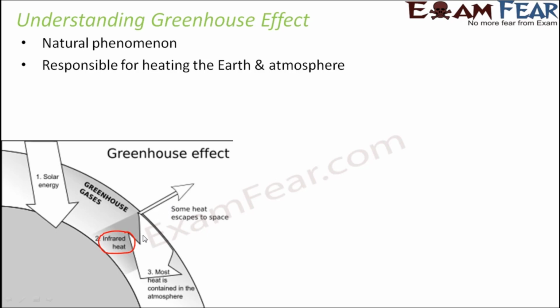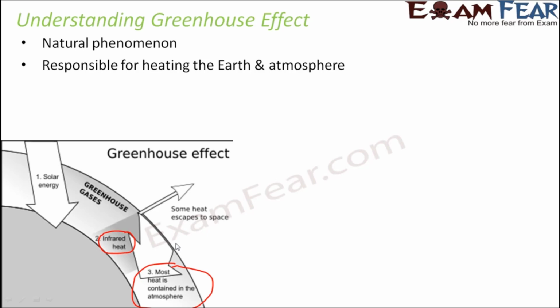Why? Because the greenhouse gases absorb a major fraction of the infrared radiation. Thus, the infrared radiation absorbed heats the Earth's surface, because infrared radiation is all about heat. So most of the heat, because of this infrared radiation being absorbed within the atmosphere, is contained in the atmosphere.